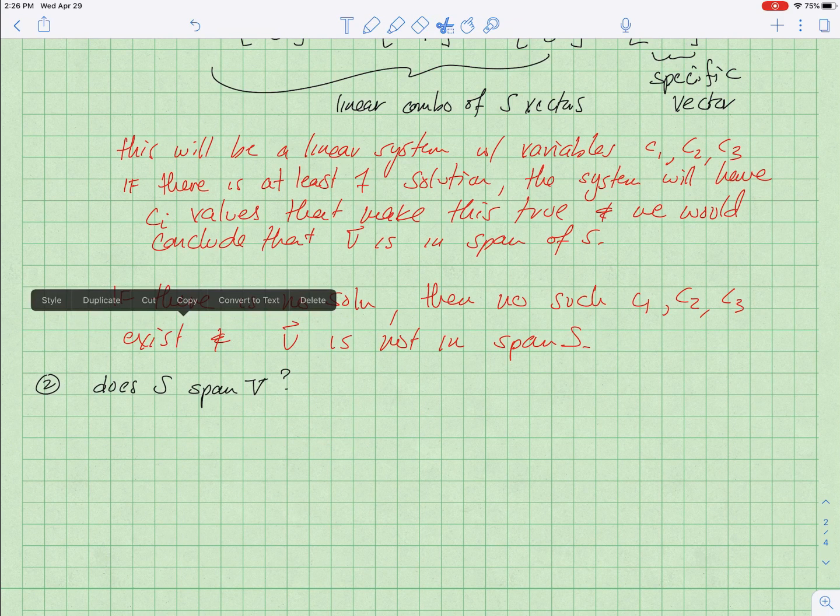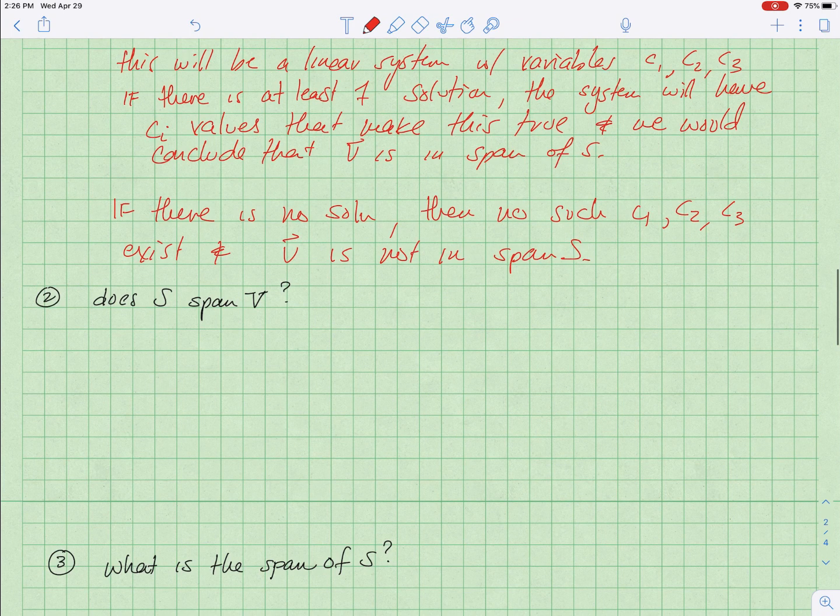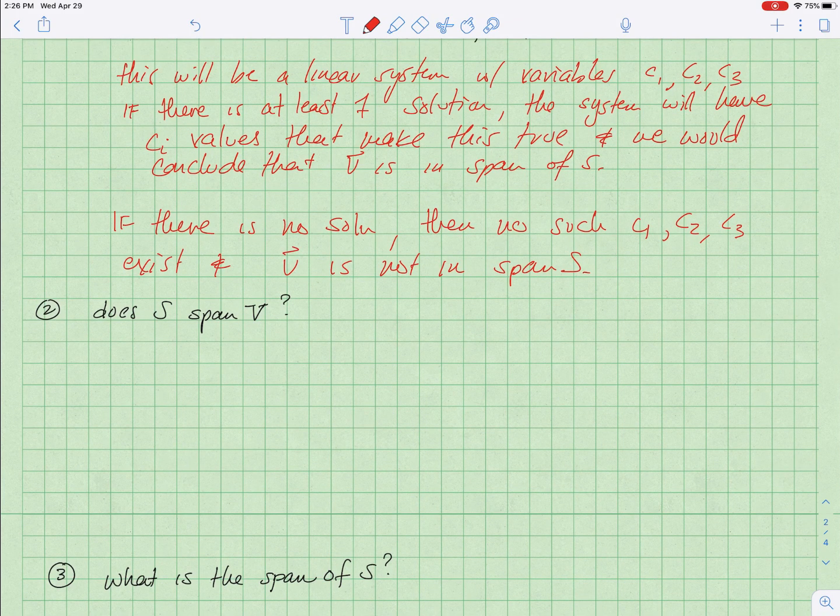Okay. The next question we might be asked is, does S span V? So this is a slightly different question, right? What this means is, can we generate everything possible in the vector space?